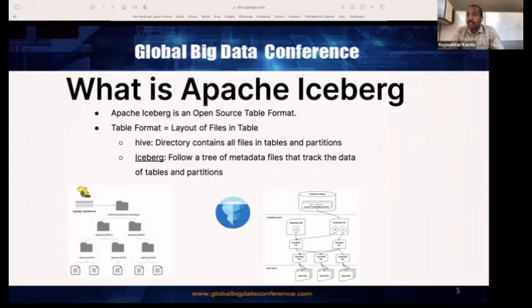Snapshots refer to the actual data files that are sitting in the physical directory system. The interesting part, when you compare that with Hive, is that in Iceberg, not all files in the directory contribute to the snapshot. That means when you have an update operation, it creates a new file and it leaves the legacy files as is in the directory.